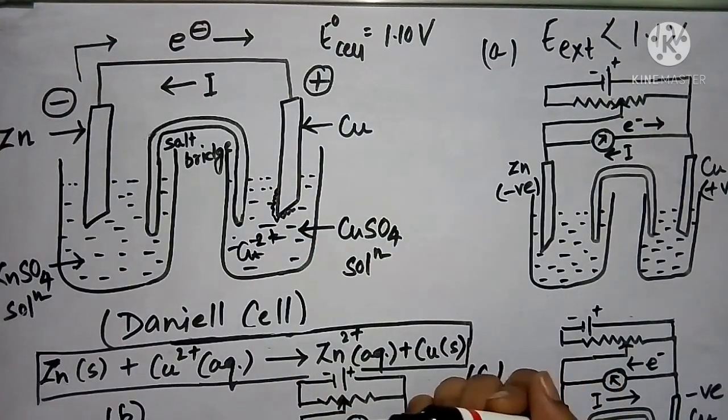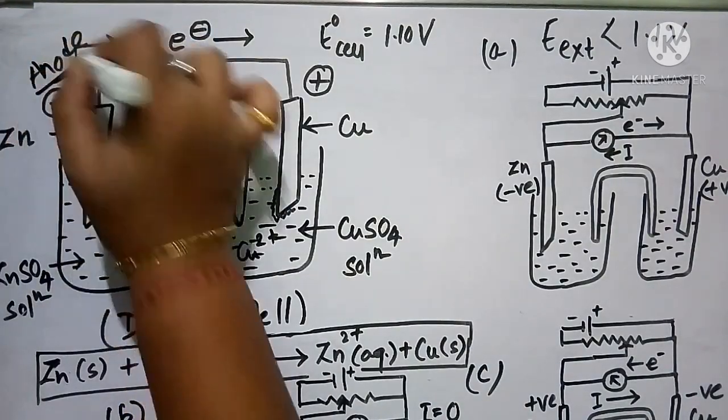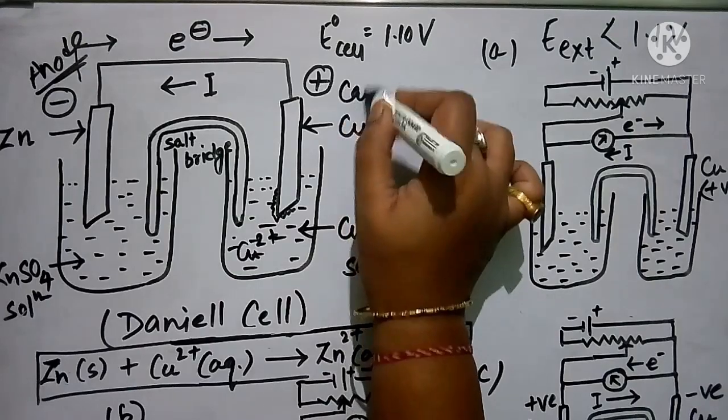Always remember one thing, oxidation always takes place at the anode. I am repeating, oxidation always takes place at the anode. So this half is the anode and here it will be the cathode.